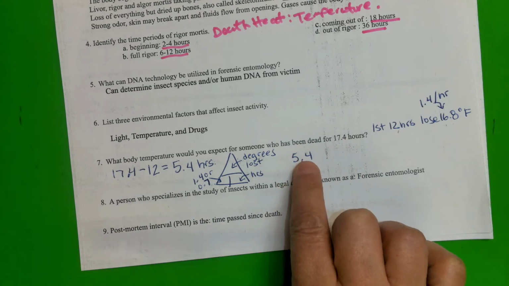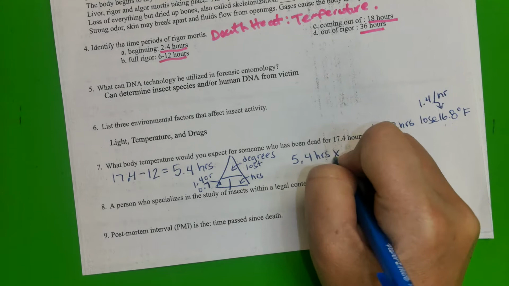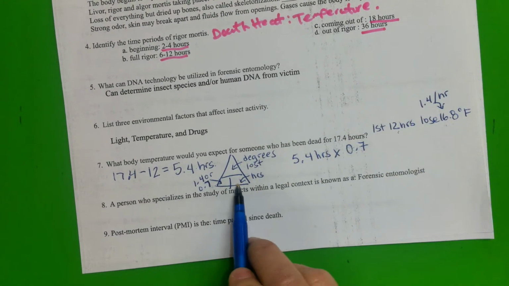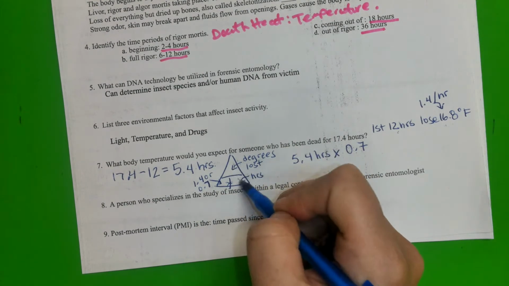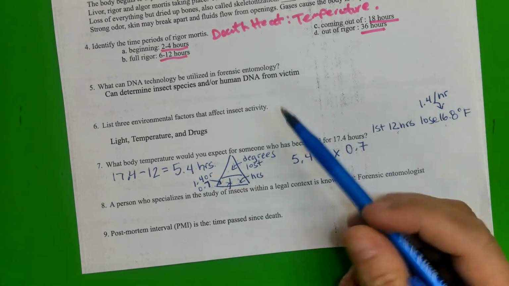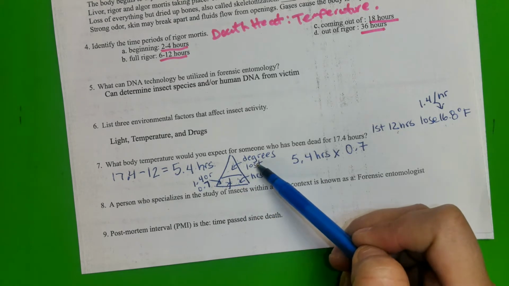So it's 5.4 hours times the 0.7, because when these two are next to each other, you multiply. If you have the two top ones, then you would divide, and you'd be solving for hours. In this situation, we're using the bottom ones and trying to solve for degrees lost.